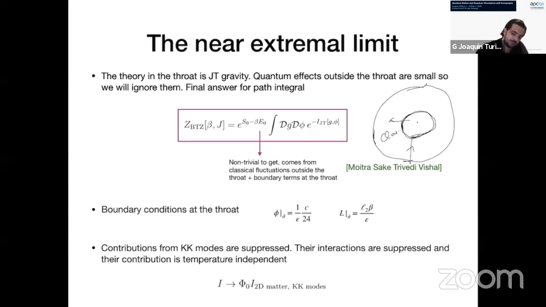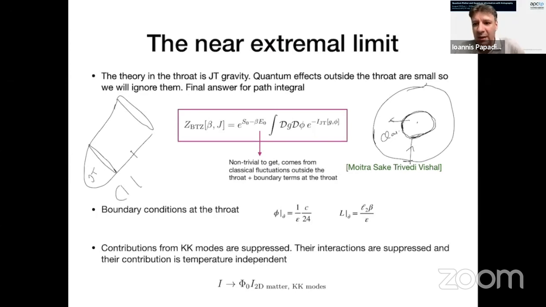So, okay, let me draw it like this. You have, let's say here, this is the JT, and this is the asymptotic. So it's the classical action evaluated here. So here in JT we put the Gibbons-Hawking term, and then you have to put the Gibbons-Hawking term here to be consistent.